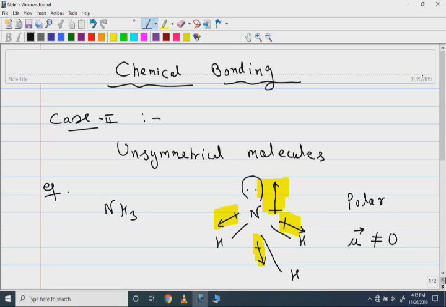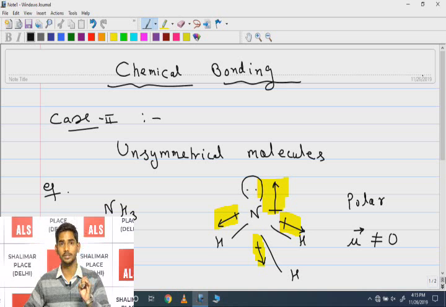That's why we can say it is a polar molecule. Or in simple words, whenever a lone pair is present, there will always be a dipole moment. Always, it is true. Now tell me, are you clear with this one? Okay, good.